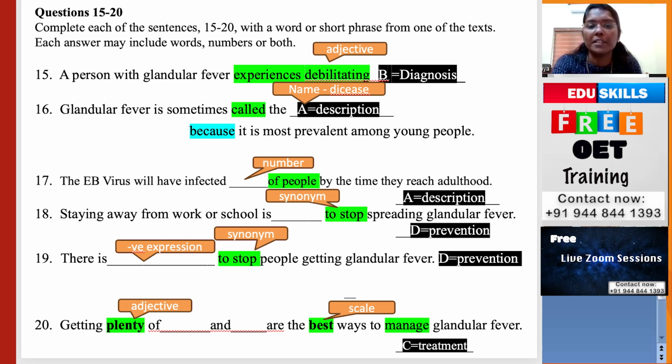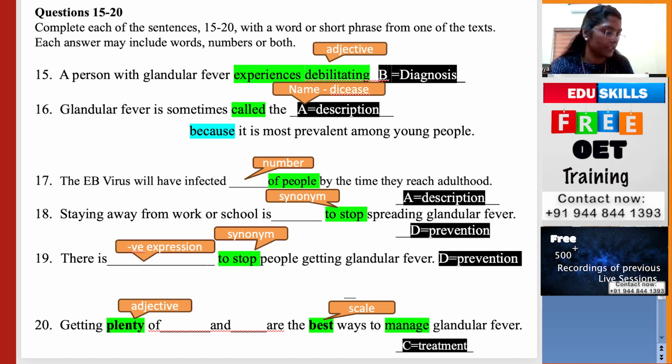Up to 50% of those who have glandular fever show the symptoms. We have already matched the text with B, so the answer is B. Then the fifth question is the ways glandular fever can be confirmed. Confirmed means diagnosis. Instead of diagnosis the question gives confirmed, so our answer is B.